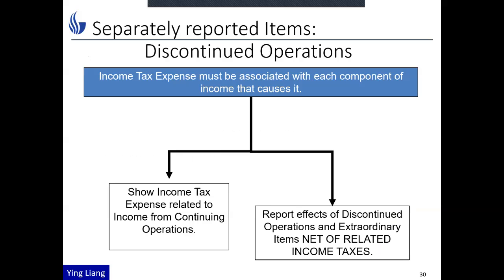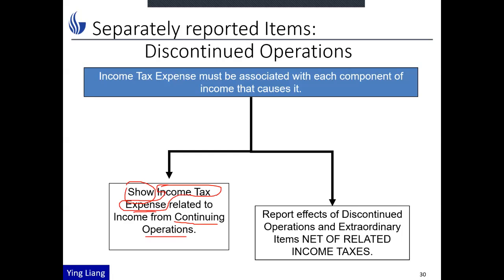Now, let's make it more clear. So income tax expense, we're going to assign it to each component of the income that causes it. There is this continuing operations, right? We're going to show the standalone income tax expense. This part is going to show as one line item.